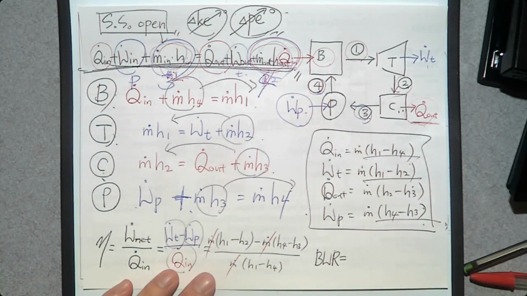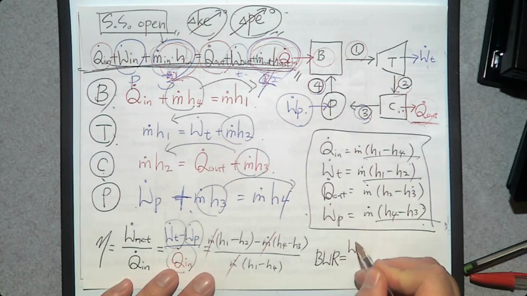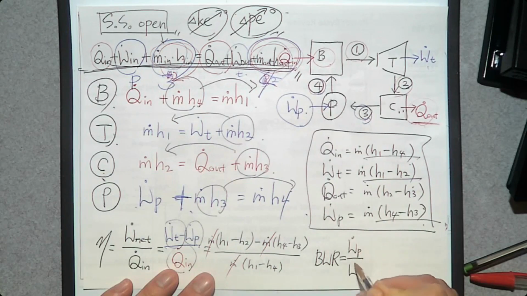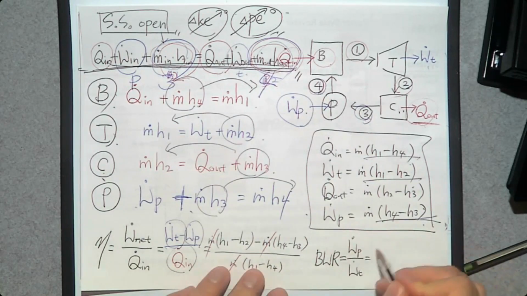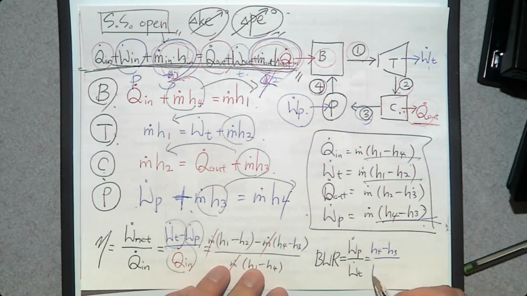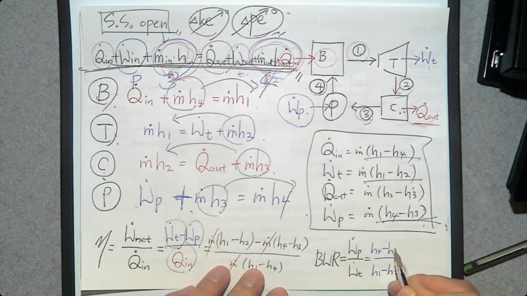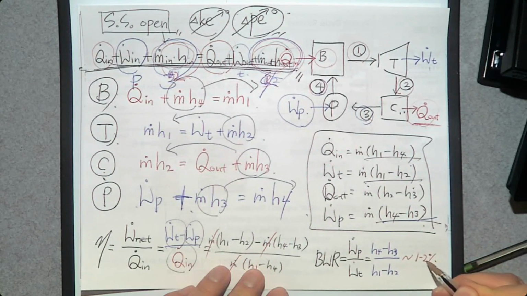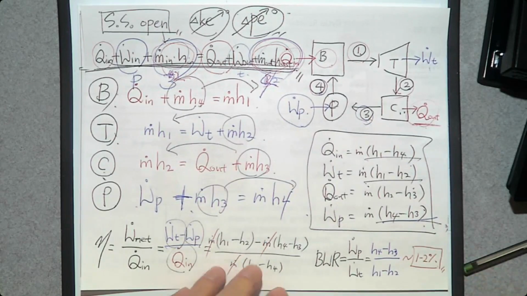So I want to know the pumping power out of the turbine power. That is the back work ratio: (H4 minus H3) over turbine power (H1 minus H2). And the value is usually very small, 1 to 2%, which is pretty good.